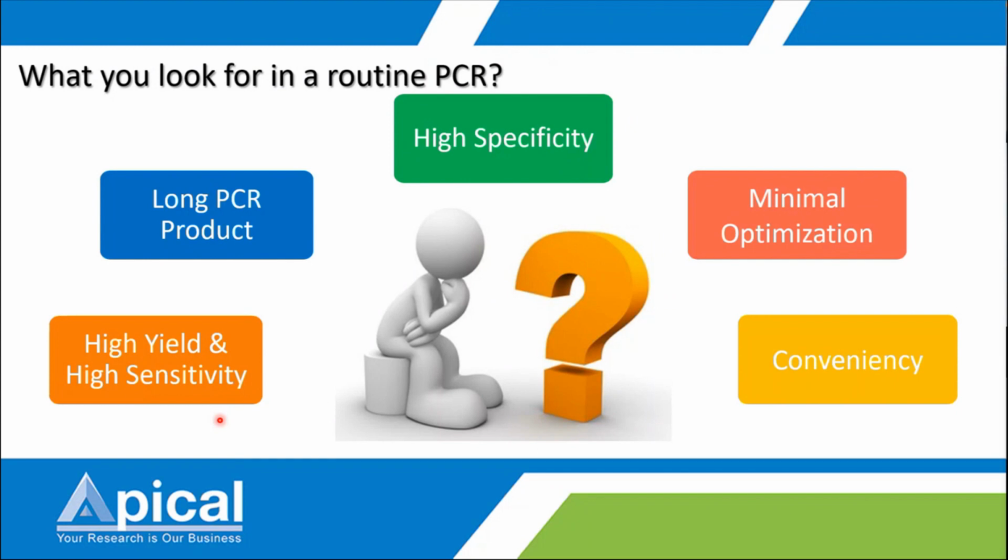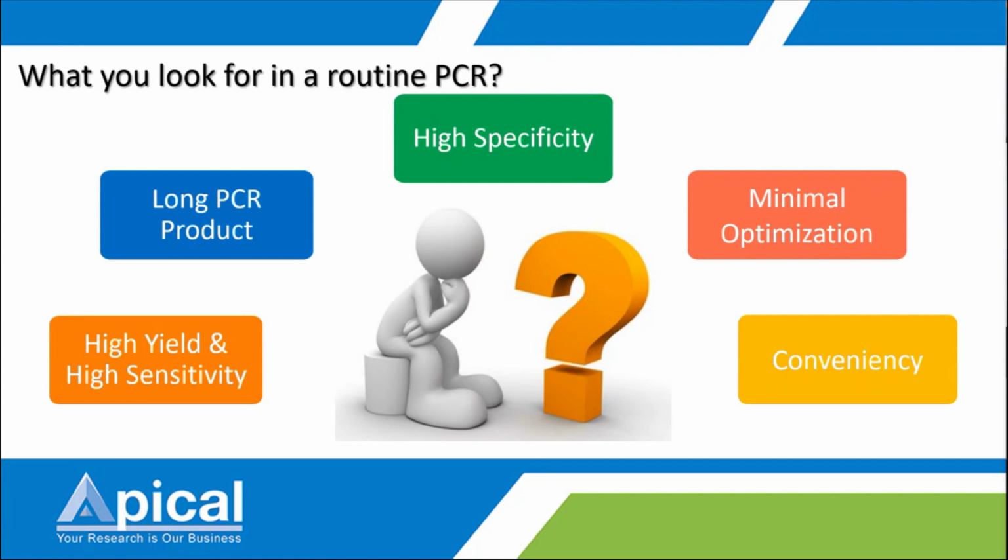Also, routine PCR should be able to at least amplify the whole gene fragment, which is possibly long, maybe like 5 kb. So the DNA polymerase that is used must carry some specific characteristics that are suitable for all these features in routine PCR.